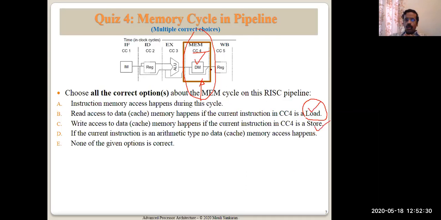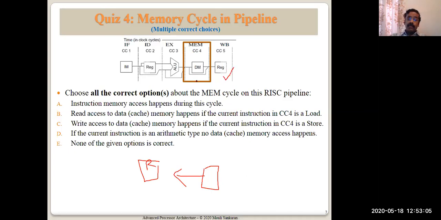Suppose a load instruction was fetched earlier and has come to this stage. That load instruction needs to access the data memory and get the content of some address so that it can write into the register. But before loading into the register, it has to read from the memory. So writing is going to happen later, but you perform the read from memory here.